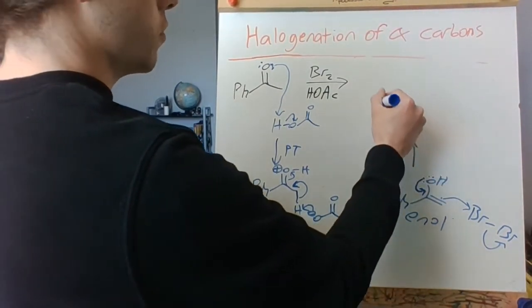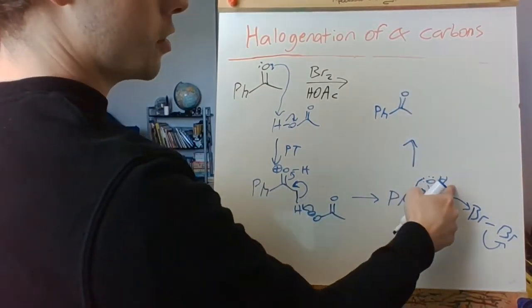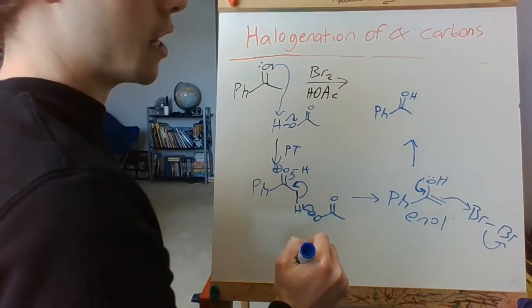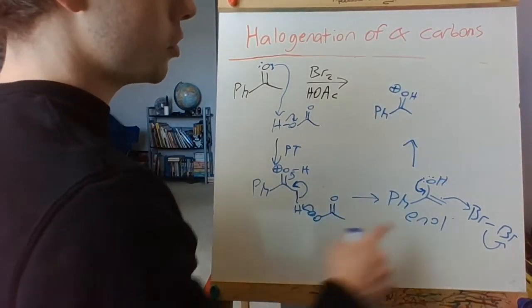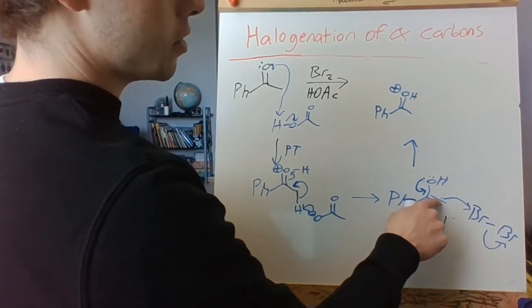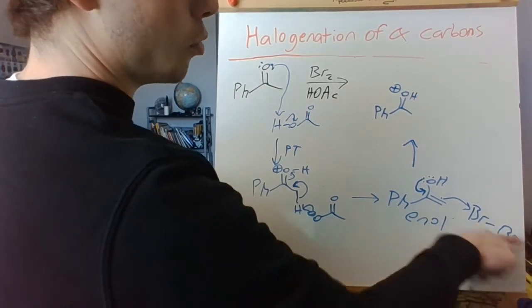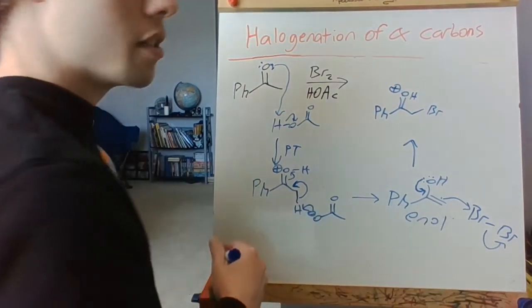The result is that our oxygen is still attached to this hydrogen, and it has moved one of its lone pairs down to make a double bond. It has 3 bonds, so it gets a positive charge. Our carbon no longer has this double bond because these electrons have now made a bond to the bromine, and we broke the bromine-bromine bond, so we have a molecule that looks like this.